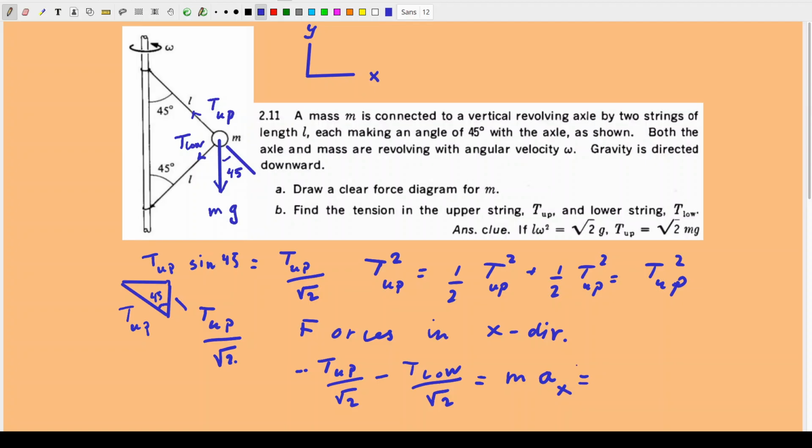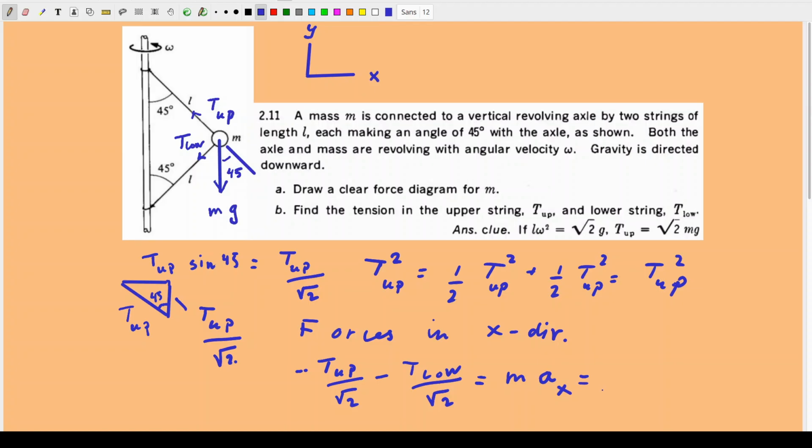And as we can see here, the particle is making a circular orbit. So we have centripetal acceleration. And the centripetal acceleration is directed inwards towards the rotating axis.